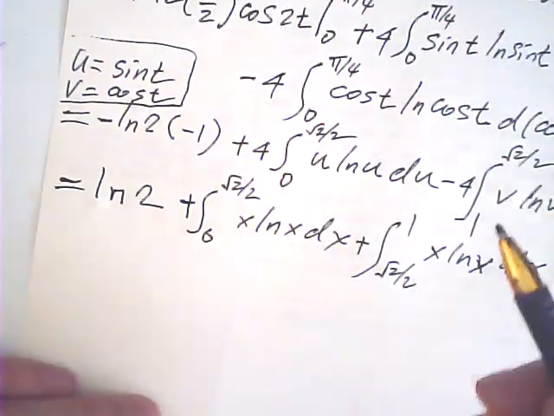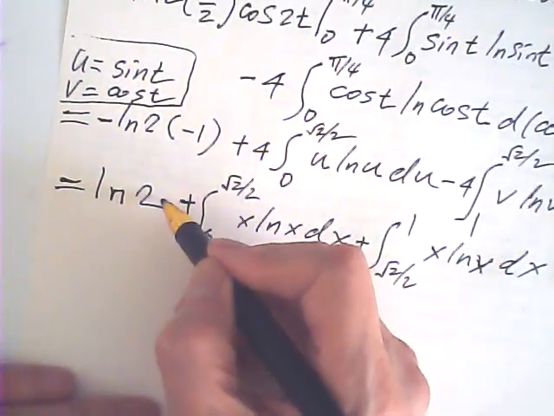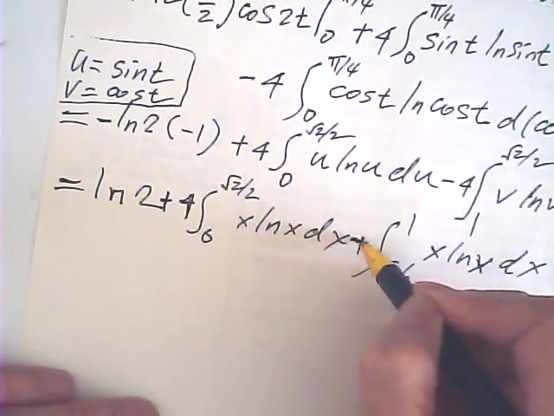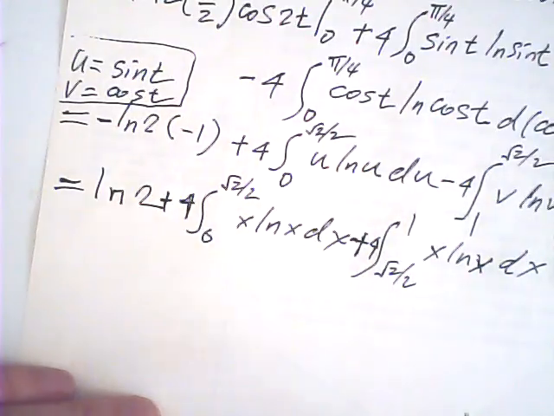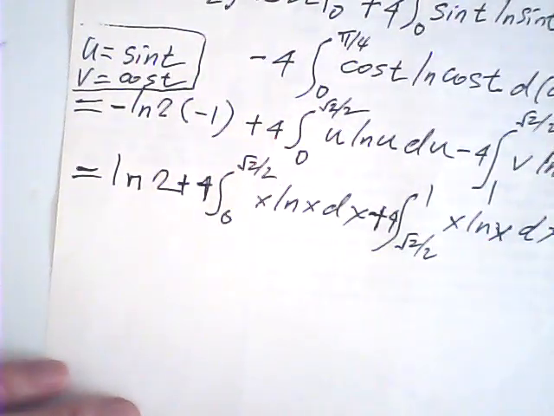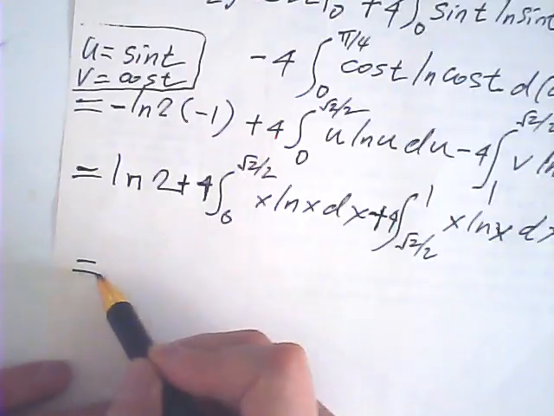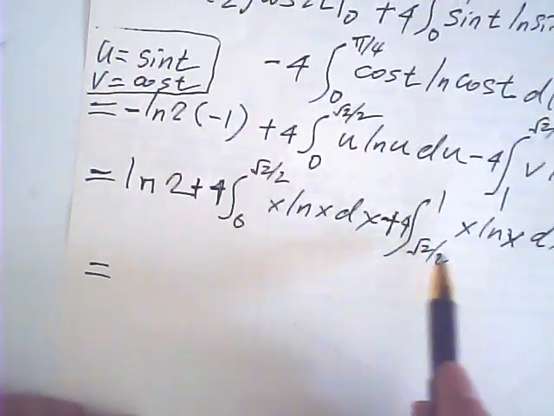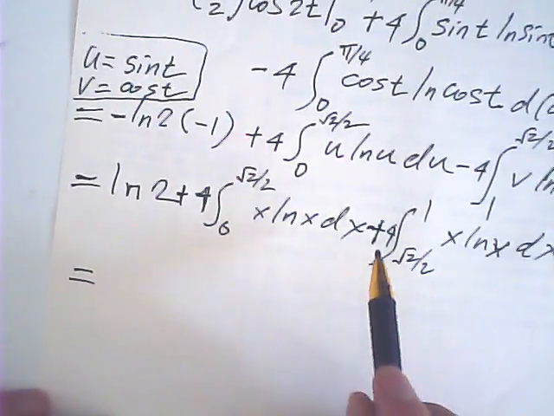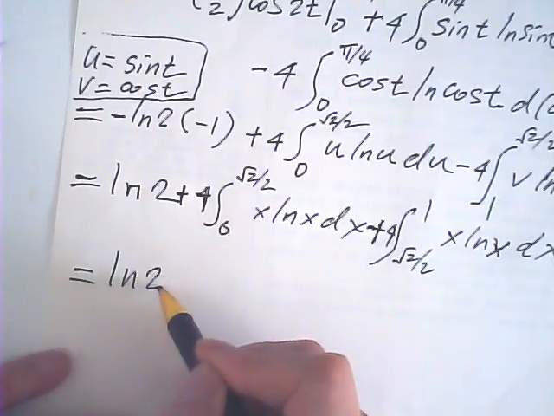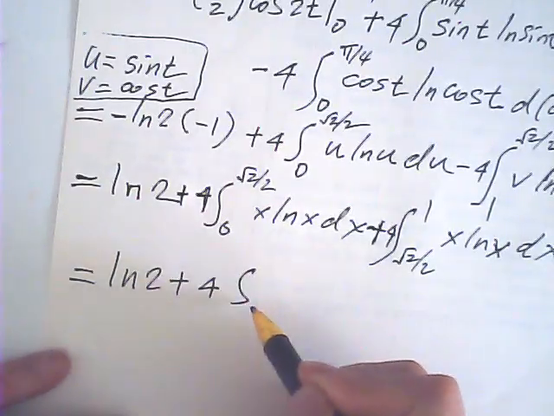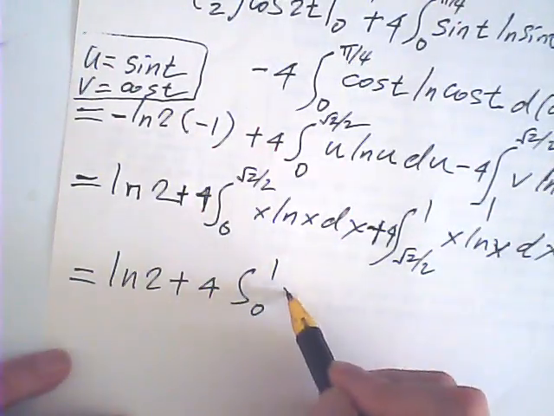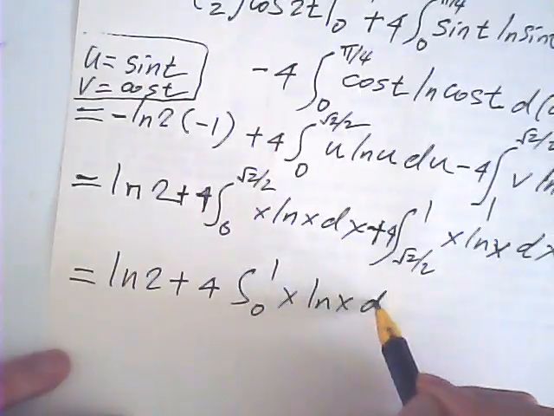I forget 4. Plus 4. There's a 4 here. Okay. Now these two integrals can be put together, see? This is plus 4 from 0 to 1 now. These two become x log x dx.